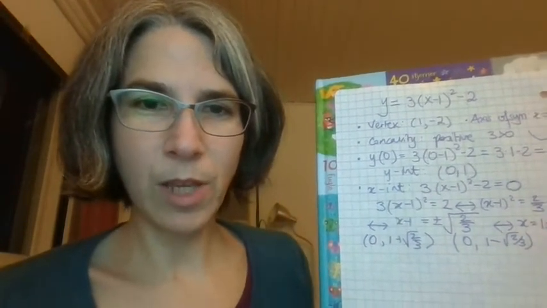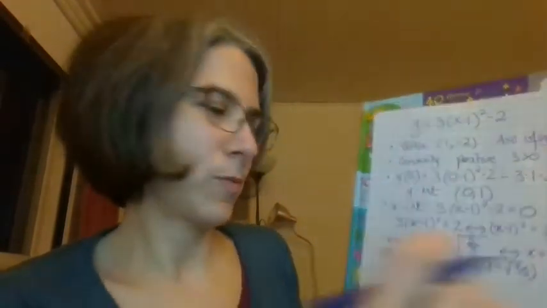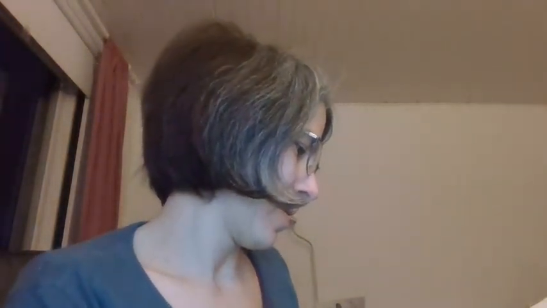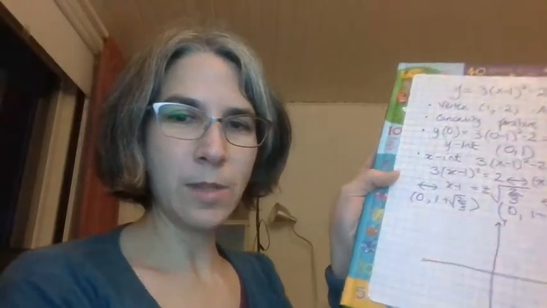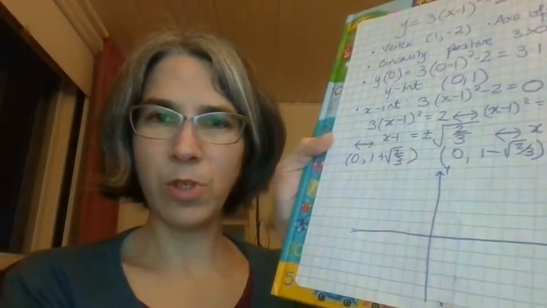So now let's go ahead and sketch the quadratic function. I have my axis. I'm going to show where the vertex is, at 1, negative 2.